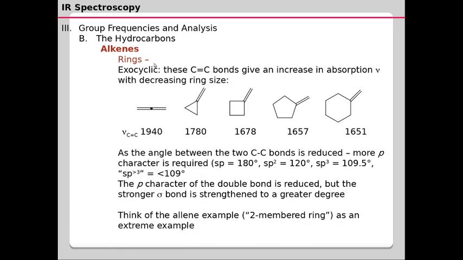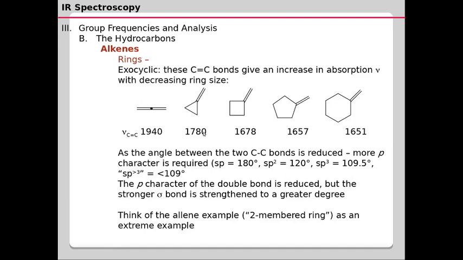For the other counterpart, exocyclic type double bonds, such as the ones shown here, these four ring systems, you can see that with an increase in the ring size, the carbon-carbon double bond stretching frequency decreases. Okay, so you may compare this with the increase in ring size of carbonyl systems we have discussed in previous slides.